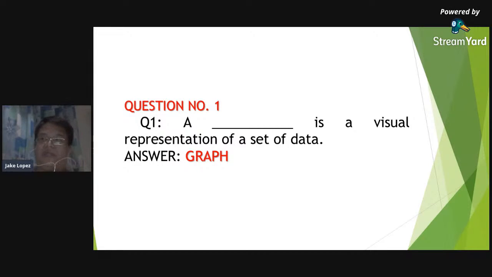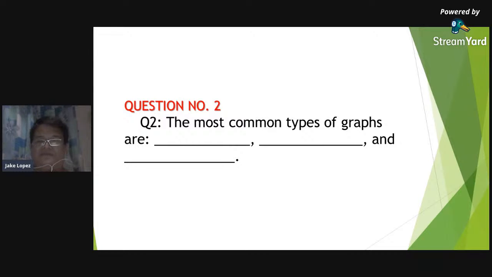Visual meaning makikita natin. Representation is yung larawan na nagpapaliwanag sa mga set of data. Data are numbers or figures or any kind of information na pwede nating i-interpret into a graph.